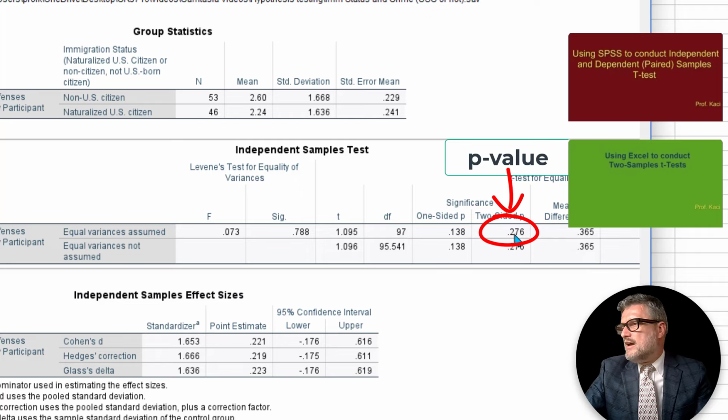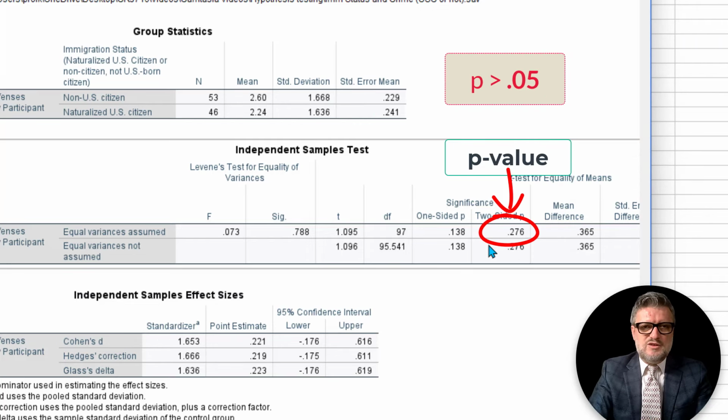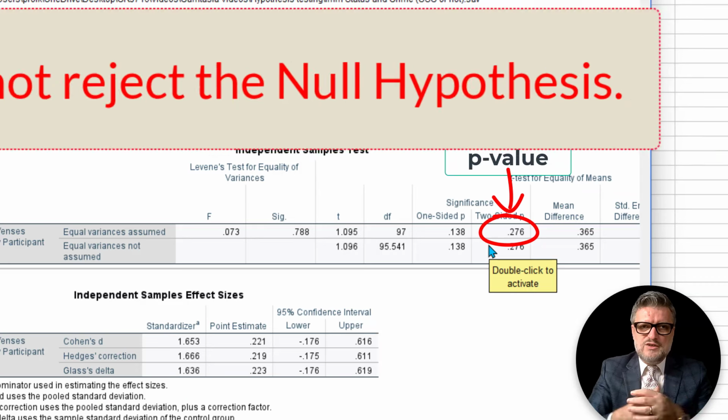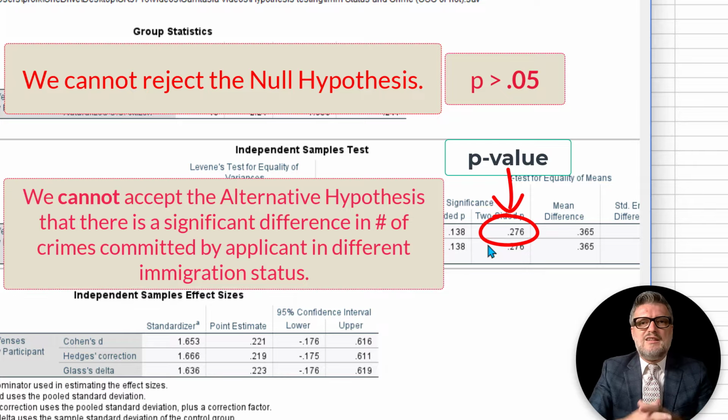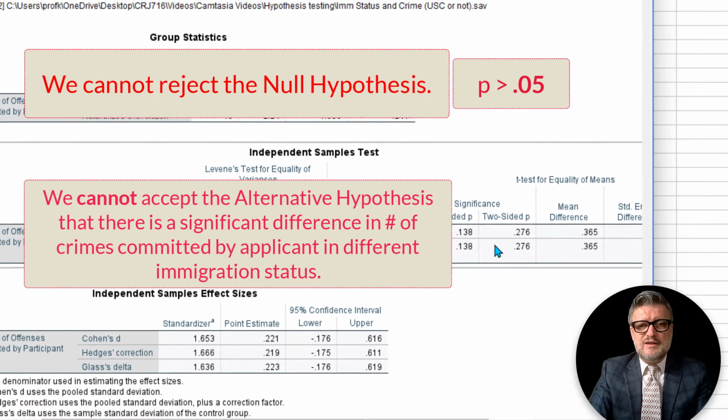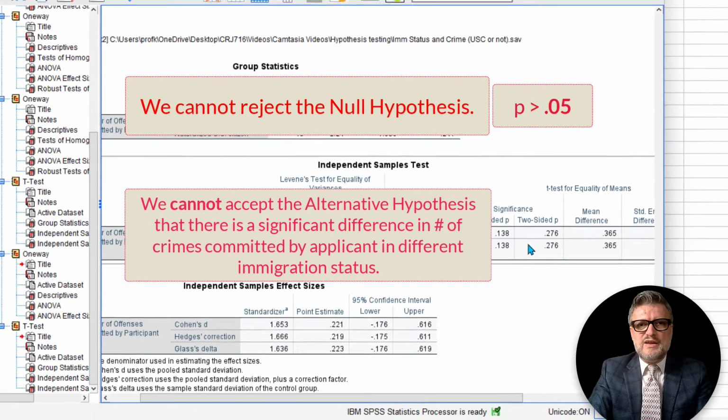So this p-value is greater than 0.05. Therefore, we cannot reject the null hypothesis. The null hypothesis in this case is retained. Therefore, we cannot state that there is a significant difference between the number of offenses committed by non-U.S. citizens and naturalized U.S. citizens.